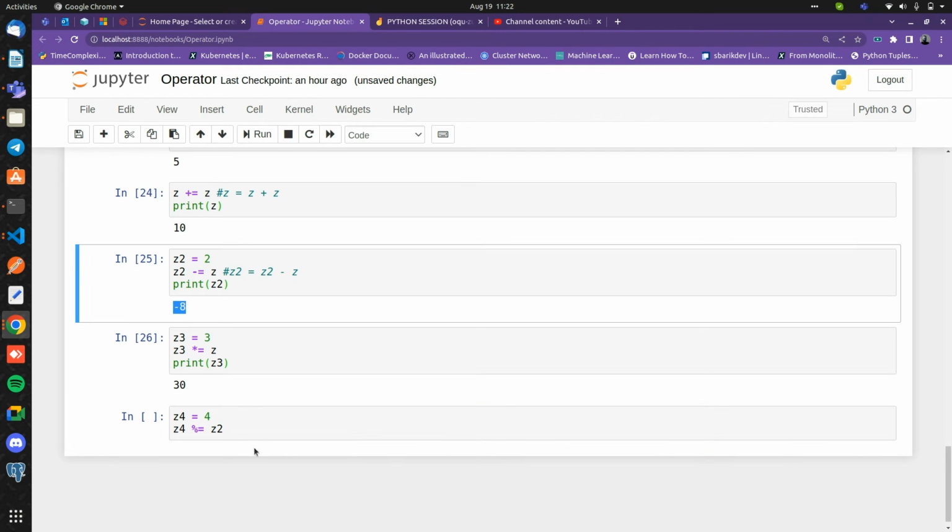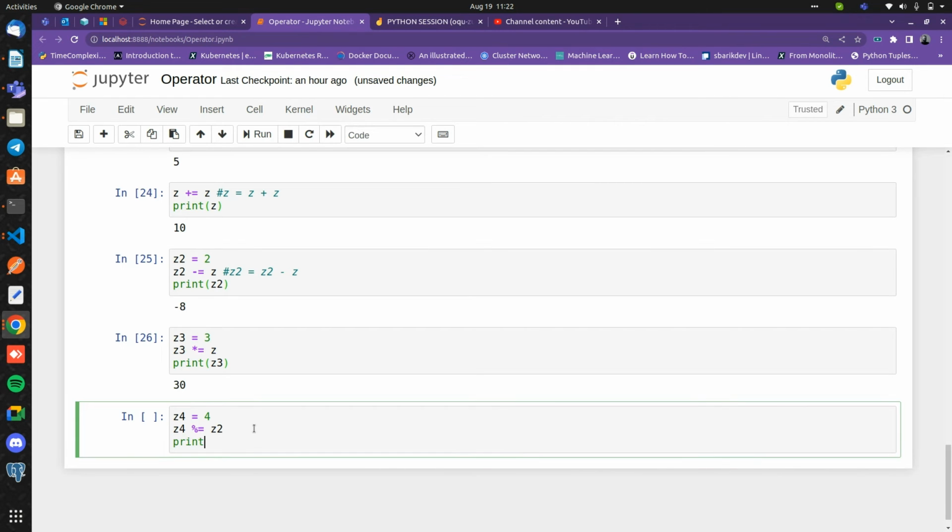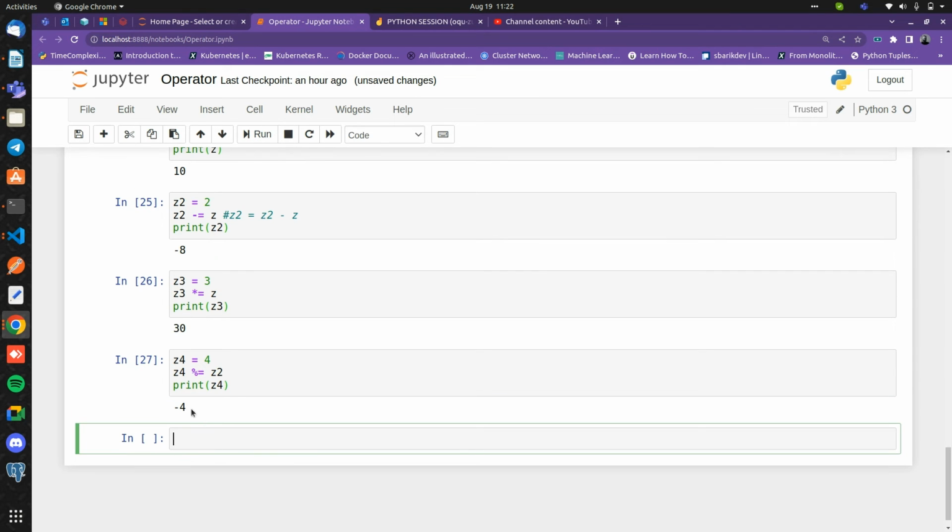So if I do print Z4 and run this, it will give me the output minus 4, because Z4 is 4 and the modulus equal to is Z2.